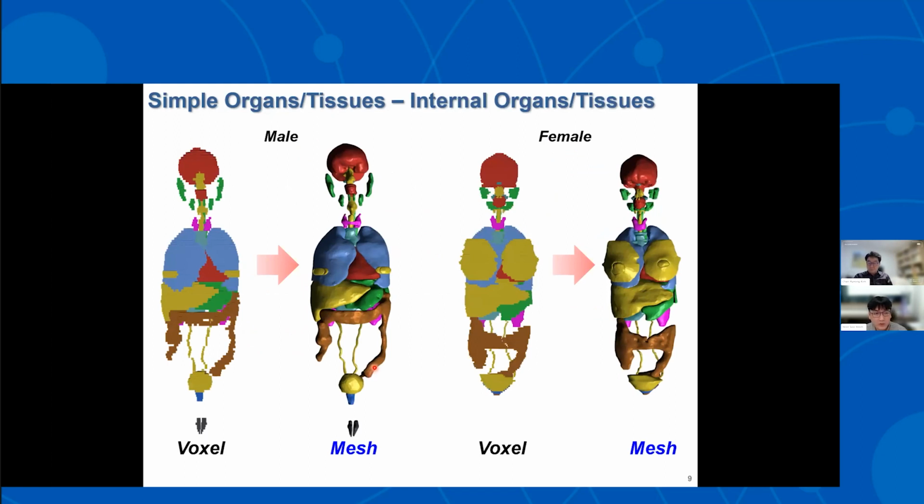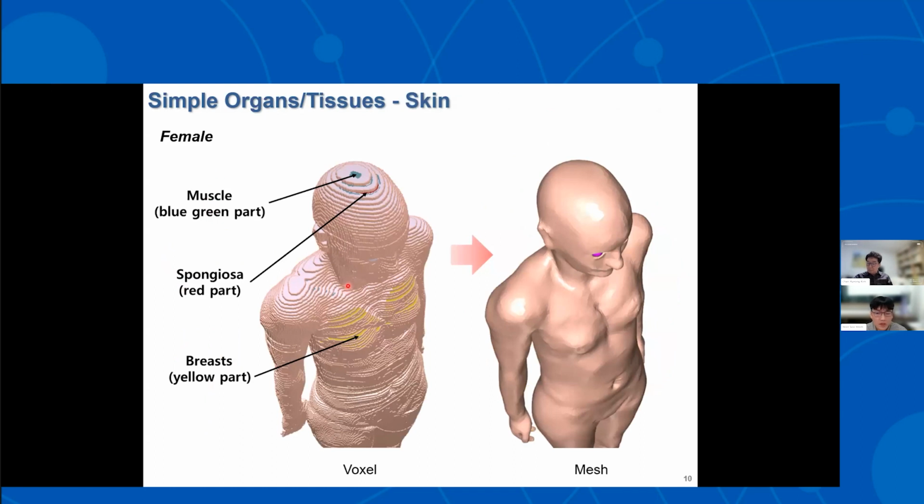This slide shows the internal organs and tissues in the mesh model, converted from the voxel model. As you can see, the converted mesh model looks more realistic, especially the smooth surface, and also well maintains the original shape of the voxel models. And the skin in the mesh model was also well converted from the voxel model.